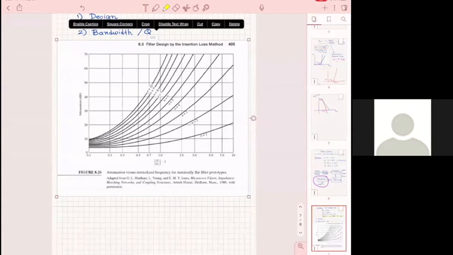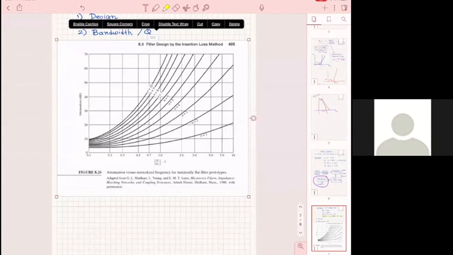And what do they show? Every line shows a different N number. So the N is the number of stages, and in fact N minus 1. So when you see N equals 2, practically it's going to be one stage, 2 reactive components. All right. And 3, you go to 3 stages and so forth. I mean, 3 reactive components and so forth.